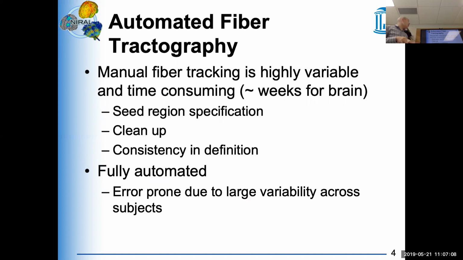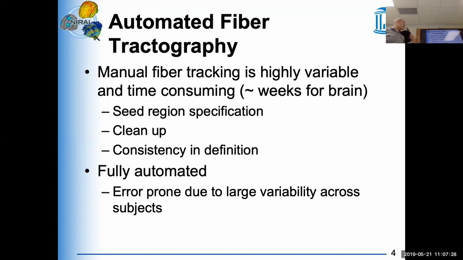This used to be all done manually. Some of you may remember this. If we created a new atlas, this would take weeks to generate all the fiber tracts that we were interested in, because usually we're not just interested in one fiber tract, but in 10 or more tracts. Now we've automated this a little bit.